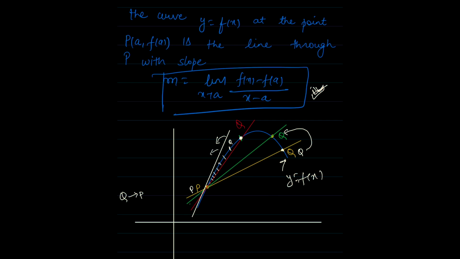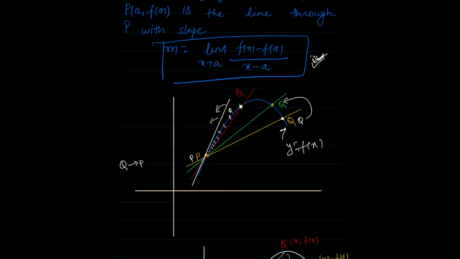So we can say that this line becomes the tangent. How to find the equation of the tangent line we will see further, but this is called the slope.